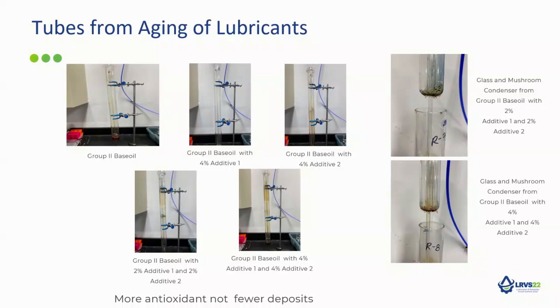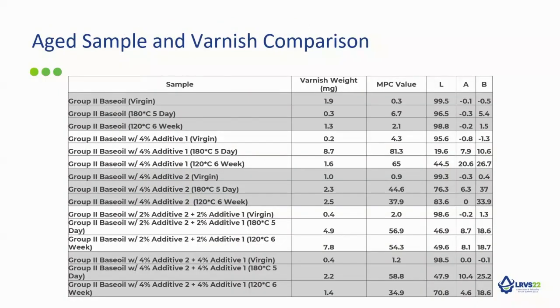However, there's an inverse correlation when comparing the glassware, where the 4% additive concentrations seem to have a higher concentration of crystals formed on the glass itself when comparing to 2%, where there may be lower amounts of crystals formed on the glass, but higher amounts of crystal formations on the mushroom condenser. While investigating these samples, comparing the virgin samples of the product and mixtures to aged samples is appropriate.